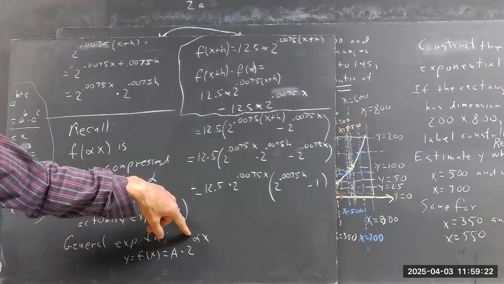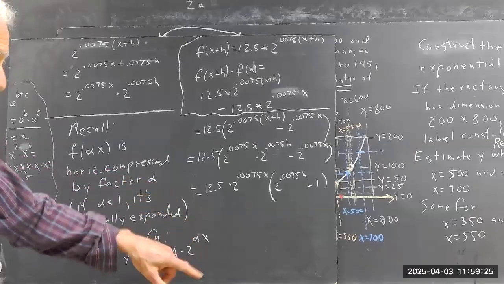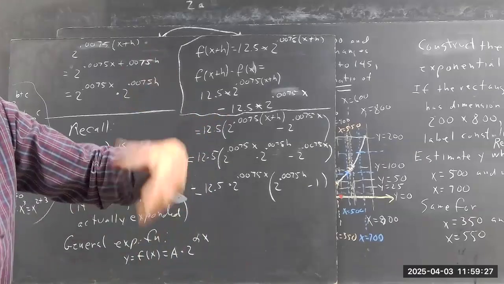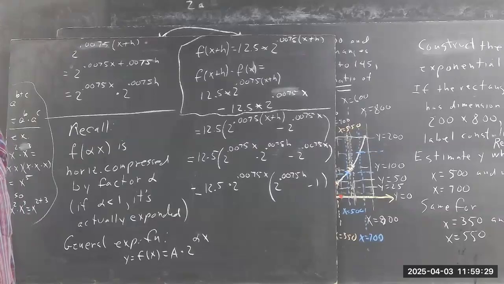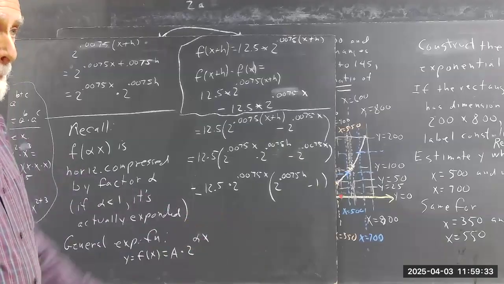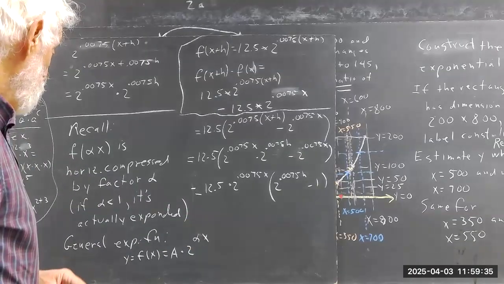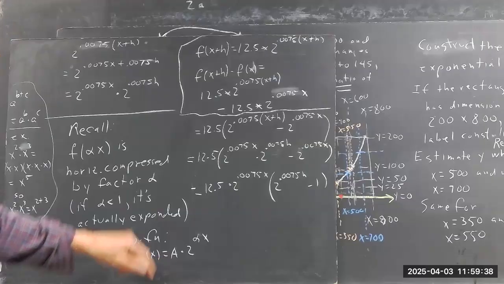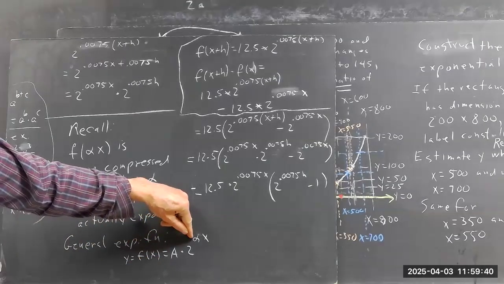K is very often used, but that's also what you use for vertical shift. So we don't want to confuse K here with a K there. All right. So that's it. It's got 2 parameters, A and alpha.